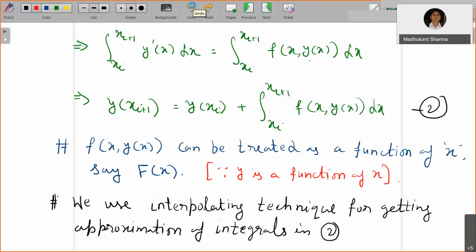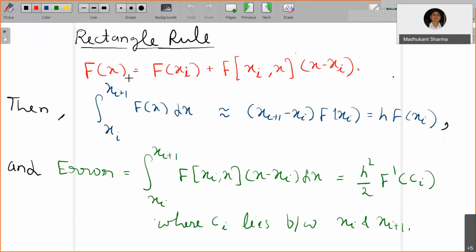So if you go for the rectangle rule, it means f of x is approximated by a 0-degree interpolating polynomial by using the data xi comma f of xi. So f of xi plus f of xi comma x by Newton's polynomial, and you replace. Then the error also can be derived in a similar form.